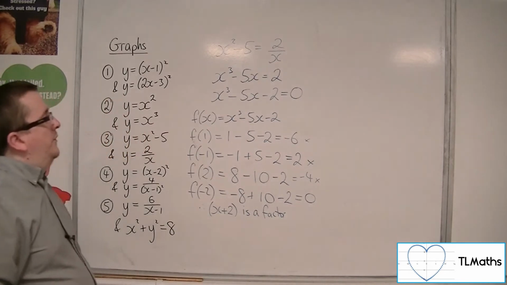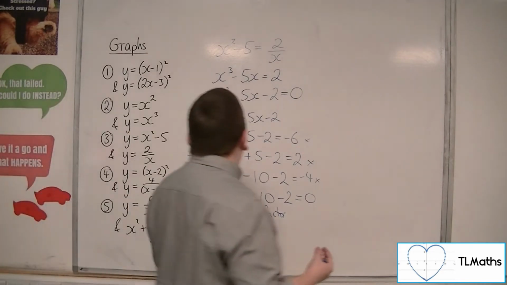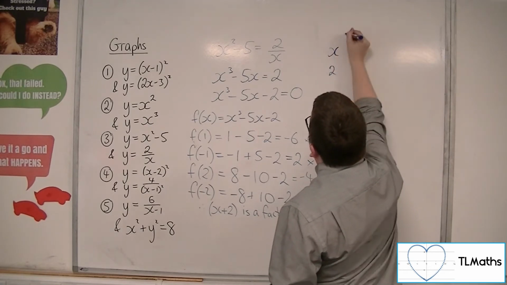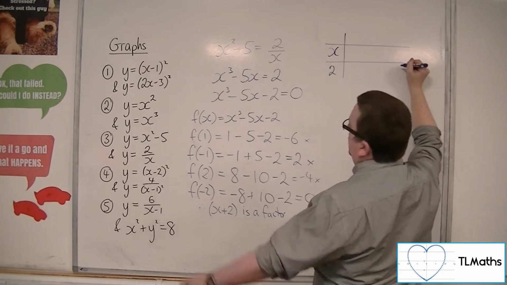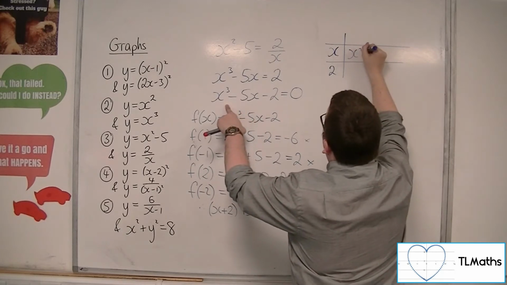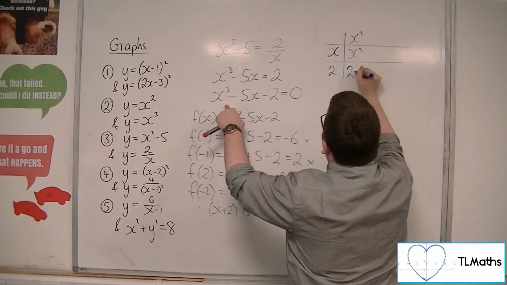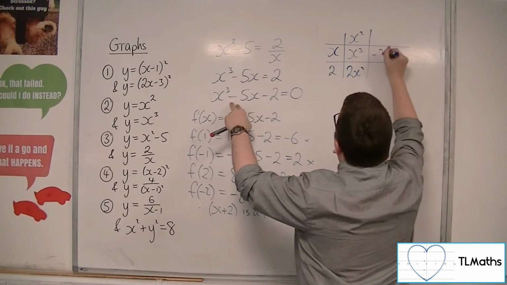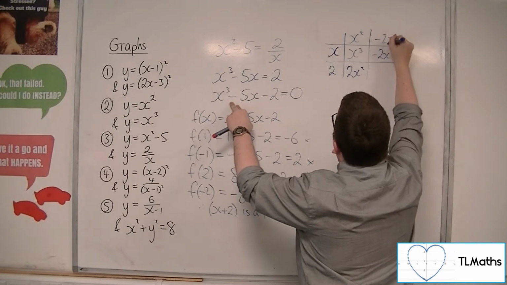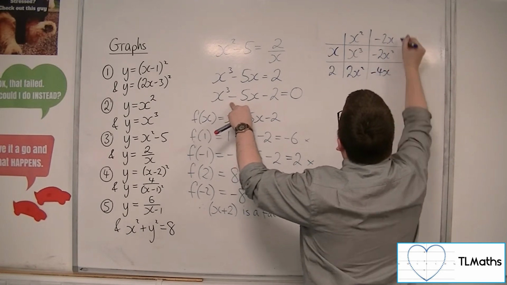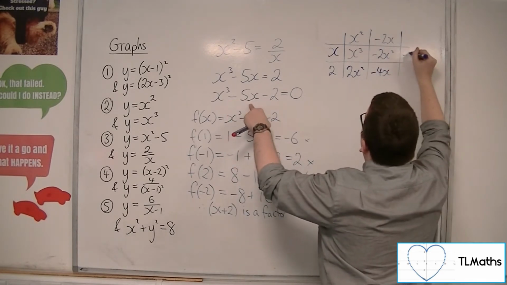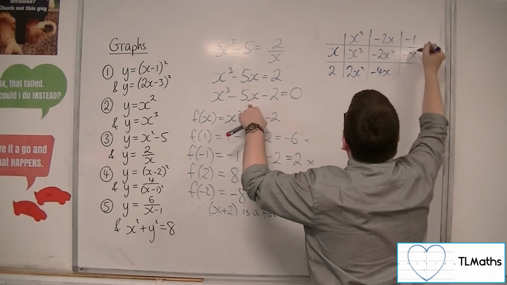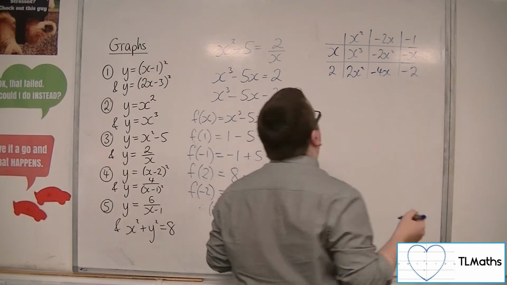Right. So because x plus 2 is a factor, I can use polynomial division now. So x plus 2, and we've got the x cubed. That would have to be x squared, 2x squared. We need 0x squared, so take away 2x squared there, so that'd be minus 2x, and minus 4x there. We need minus 5x, so that'd be minus x. x is into that, go minus 1, and then we'd have minus 2.